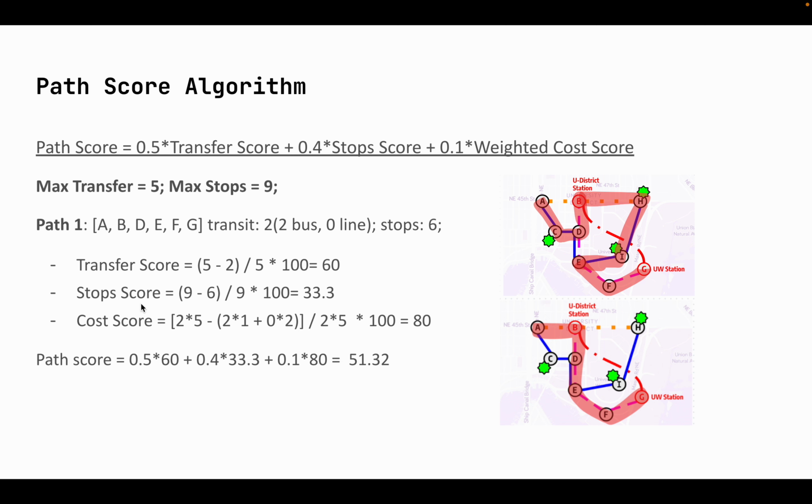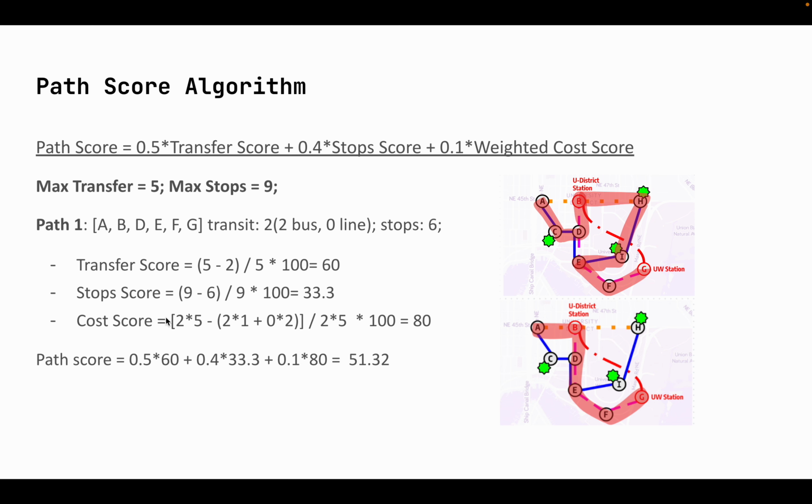And then we do the stop score. We do a similar thing. We take the maximum number of stops minus how many stops are included in this path, and divide by the maximum number of stops, and we get 33.3. For the cost score, the maximum cost would be the most expensive way in transfer times the maximum number of transfers, which will be 2 times 5.